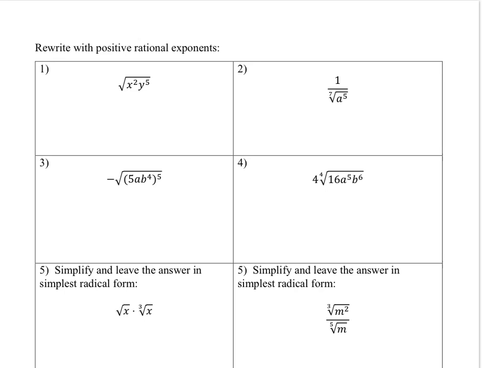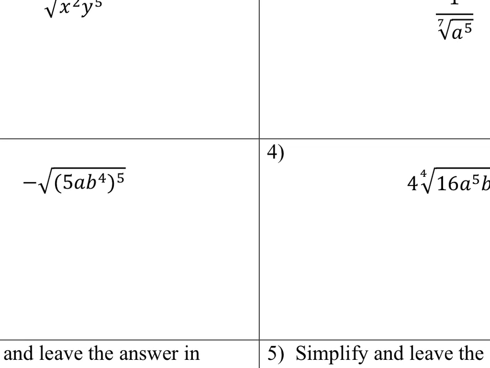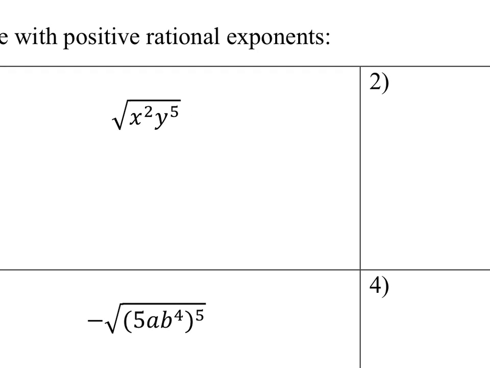All right, rewrite with positive rational exponents. That just means we're going the other way. So we have a radical. Can we write it as an exponent? So with something like this, what you have to know is what's on the inside, what's on the outside. There's a couple ways to do this one. The easiest way is whatever's inside, if it's not already in parentheses, put it in parentheses and put a 1 there.